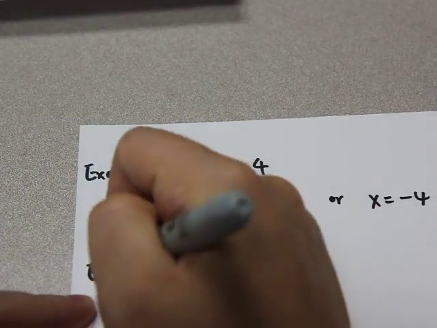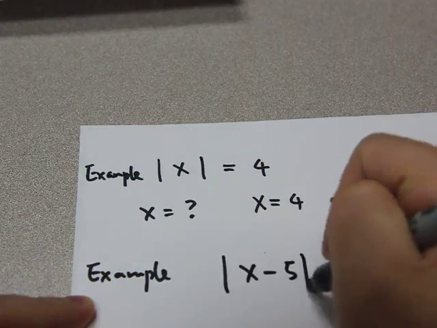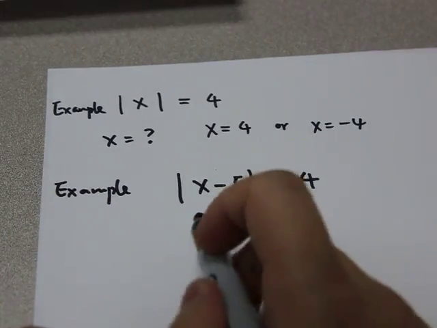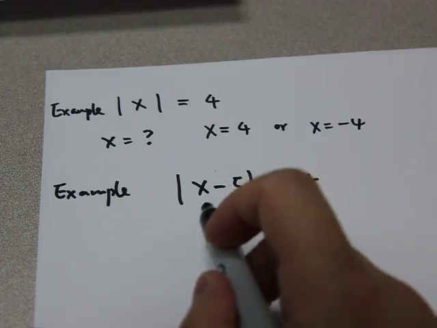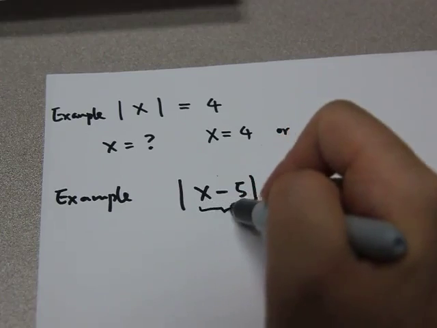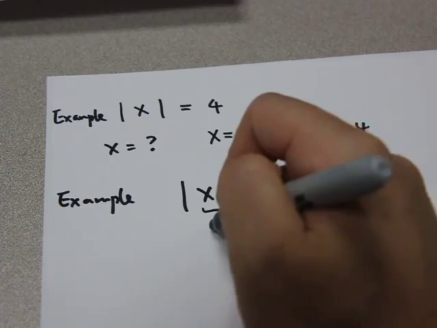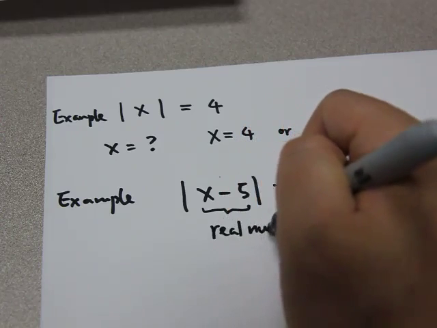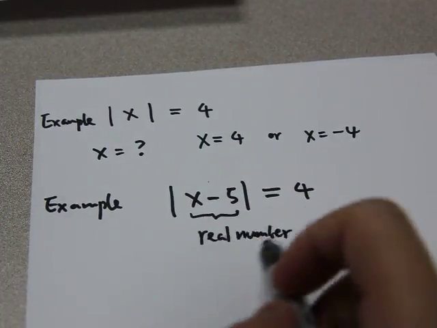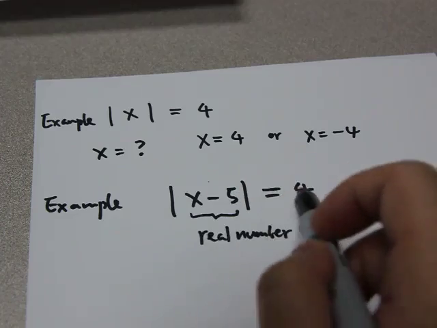Now, let's take a look at another example. Here we're solving the equation, the absolute value of x minus 5 equals 4. The x minus 5 is used to represent this real number. So now what we know is we have some real number, and the absolute value of this real number equals 4.